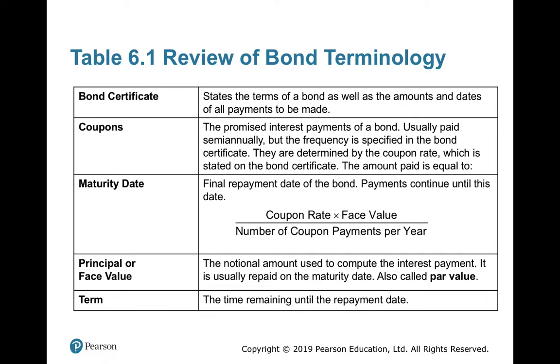Principal or face value. It is the notional amount on which all the coupons are being calculated. So if 10% coupon on 1000 face value, that means the coupon will be calculated only on the face value or principal value. No calculation on the price of the bond. Price of the bond might be more than the face value or less than the face value. If the price of the bond is more than face value, it is a premium bond or more than par.